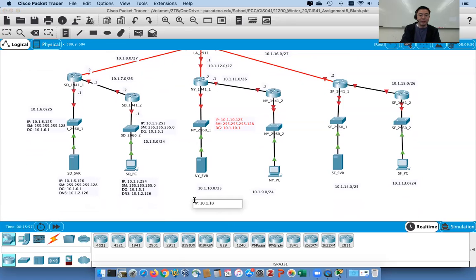And 110, 126, 128. 10.1.10.1, DNS 10.1.2.126.